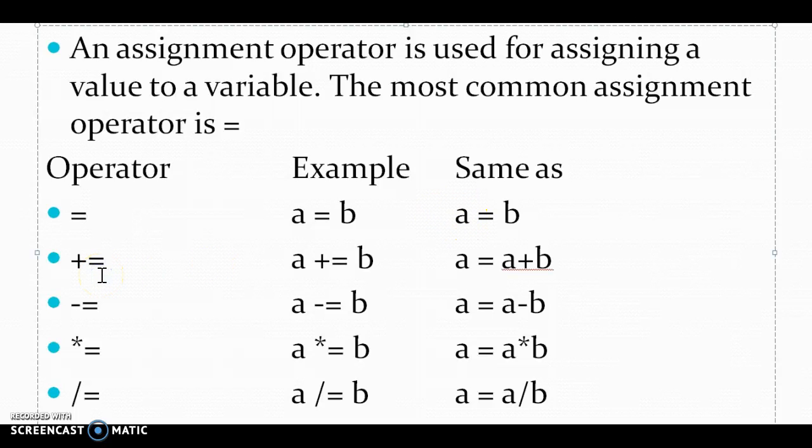Plus equal to, for example A plus equal to B, means A will be equal to A plus B. Similarly, minus equal to, A minus equal to B, is the same as A equal to A minus B. Similarly for star and so on.